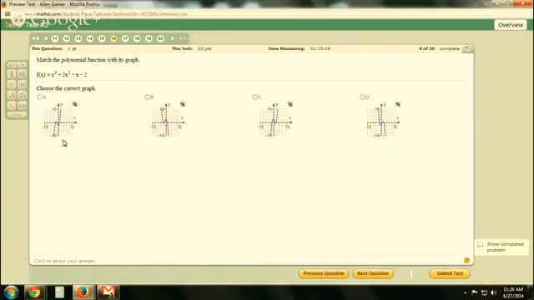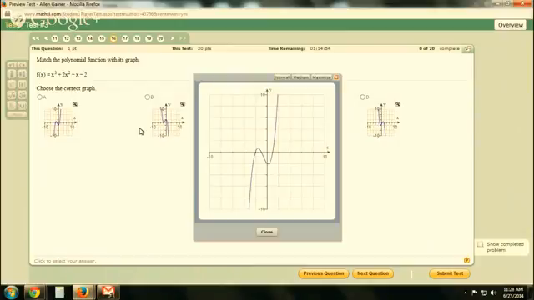That means only A or C could be our possible choices. The other two don't match the description of positive and odd. Now, how I can determine which one I want, let's blow up this picture. Think about the y-intercept of this.